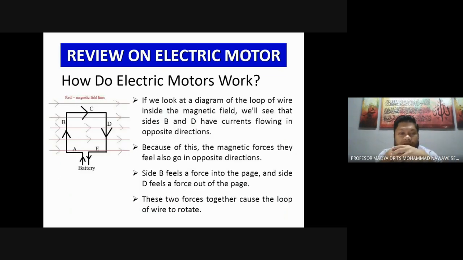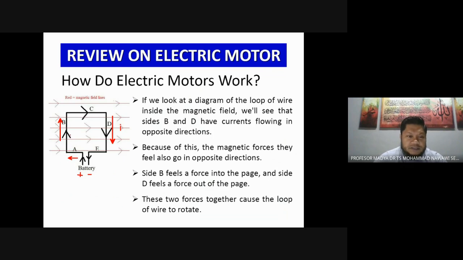All right, in this case we have a coil. Let's assume this coil A, B, C, D is connected to a battery. When you connect to the battery, this coil will have a current flowing inside it. So if you have the positive and negative, you see that the current flows in that direction, right?